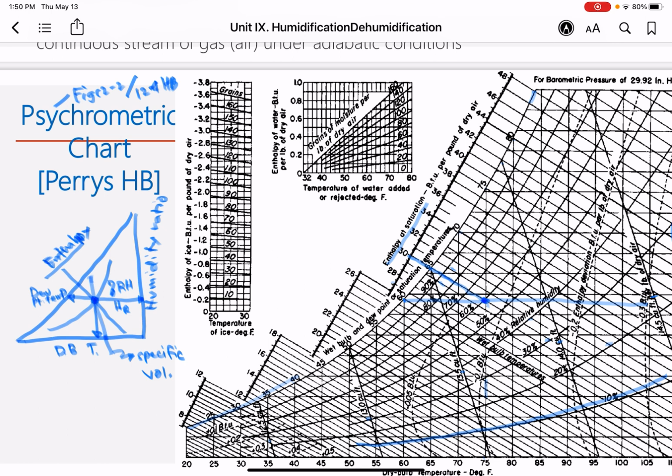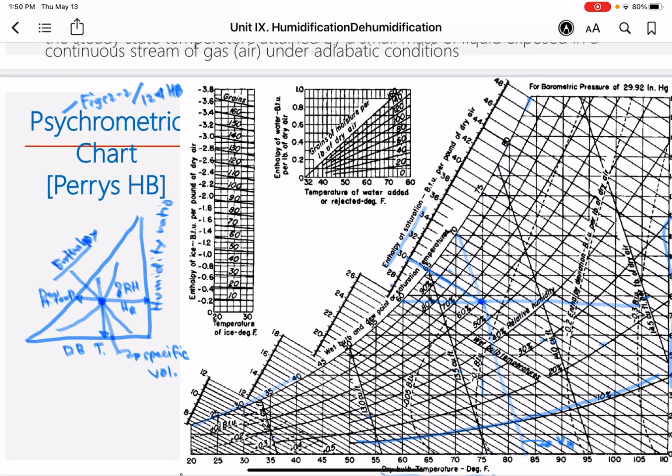So, actually, medyo konti siguro. This one is your specific volume, or your VH. Okay? So, that's how easy it is once you get to know how to get the different values for your air-water vapor mixture.